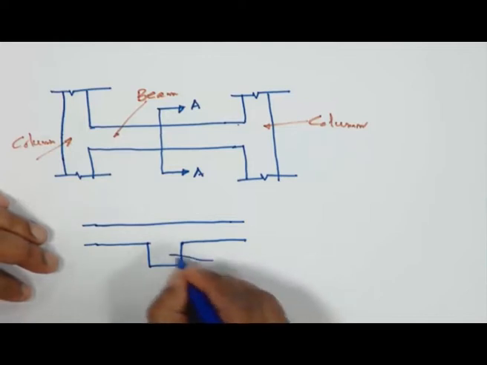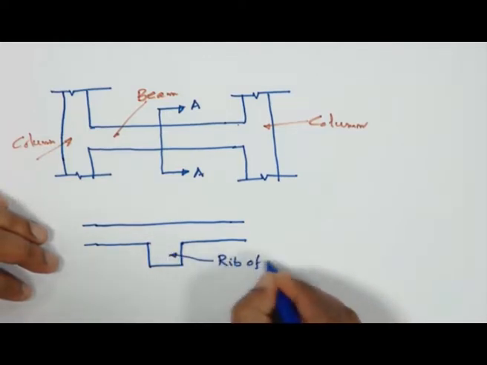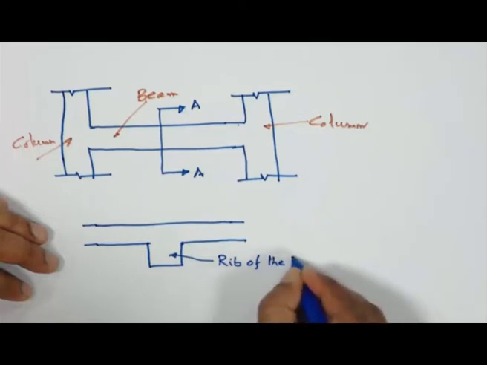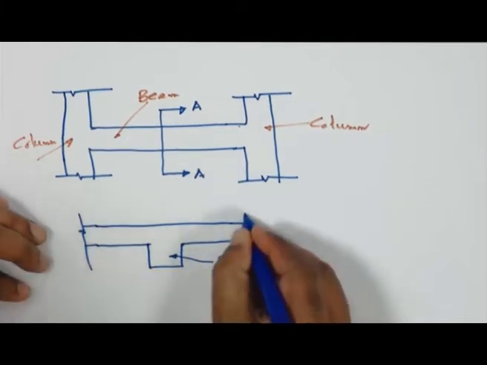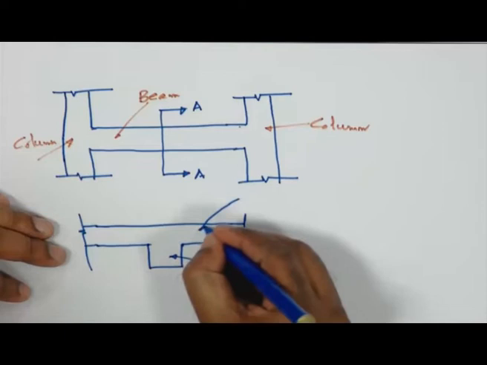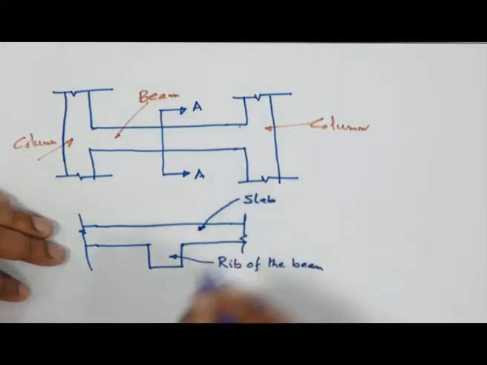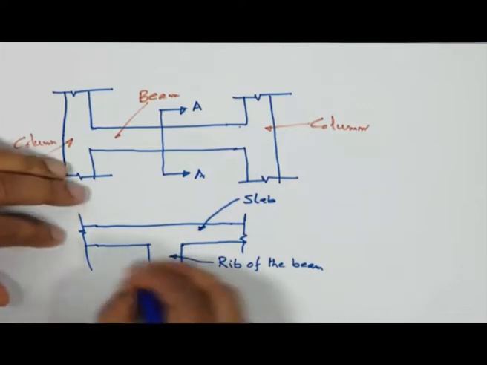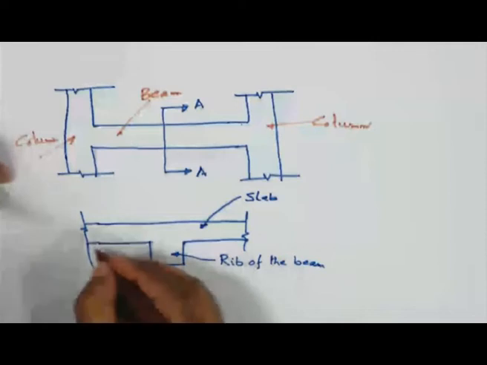So K2X is measured from the top fiber. This Z is nothing but K2X, so Z equals 1 minus K2 X by D into D. By D one factor I can find, and we shall get that factor corresponding to Z. K2X is the distance of the centroid of the concrete force from the top compression fiber.